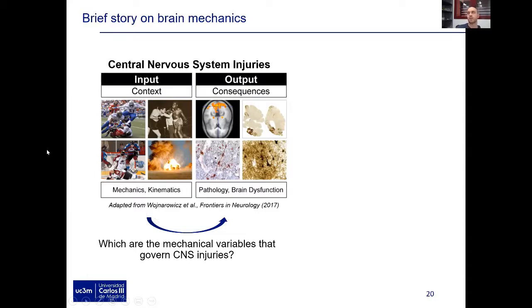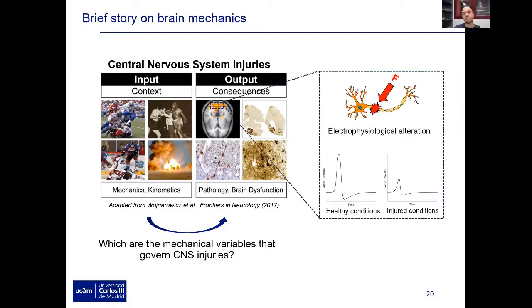So our idea was to get some mechanical threshold that tells us that from this threshold you can have any kind of dysfunction, and if you don't reach it, we can see whether the tissue is healthy or not. So not only looking at these overall consequences, but also trying to relate that across different scales.